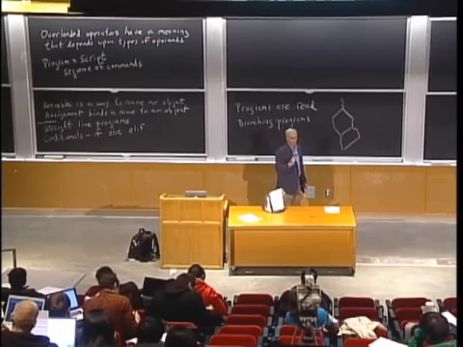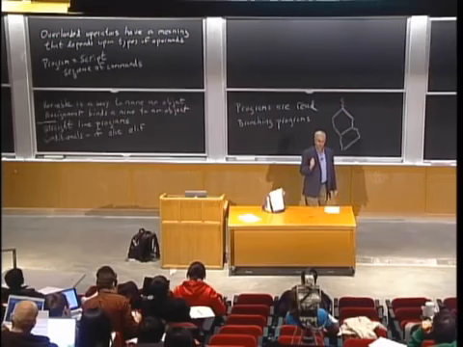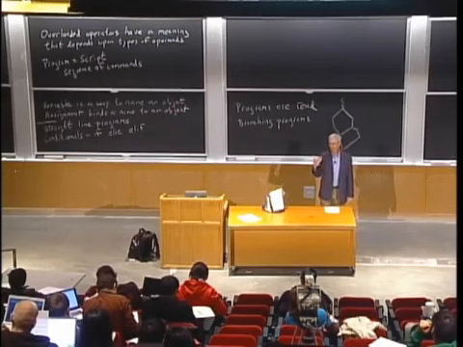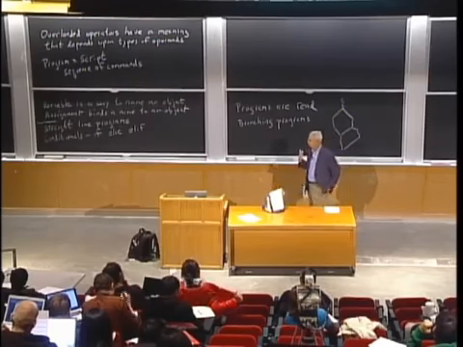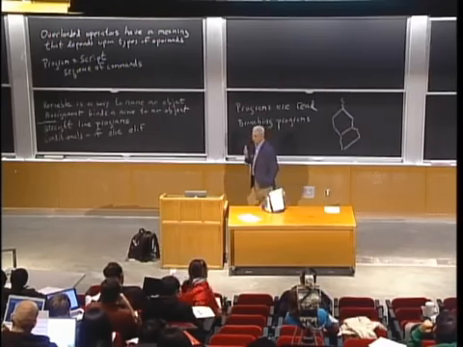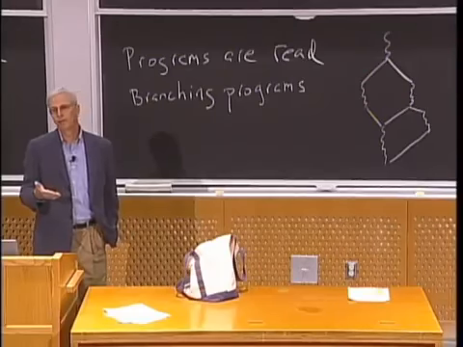We'll talk a lot more about that later in the term in a much more thorough way. But it's important to get that as something you think about. So the fact that branching programs are not proportional in time to the input means that they're limited in what they can do.